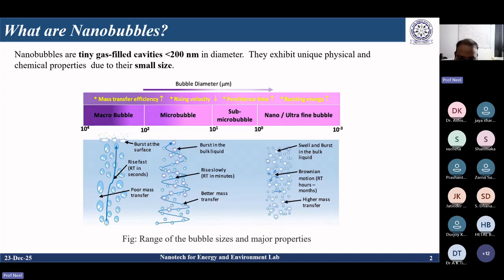They are very tiny, very small in size. They can't be seen by the naked eye, but they can be seen by a microscope or other very specialized equipment. Normally, by definition, nanobubbles are bubbles less than 200 nanometers in size, which have very unique properties, special chemical and physical properties. We'll discuss these properties in forthcoming slides.